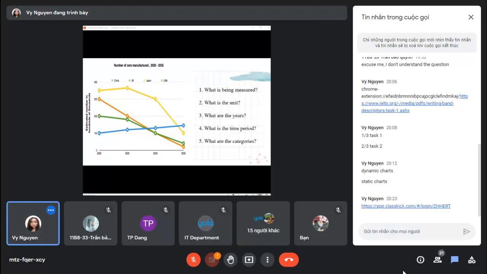I think the chart mentions the number of car manufacturers. Yes, I think it's about the number of car manufacturers. And I think the unit is hundreds of thousands.